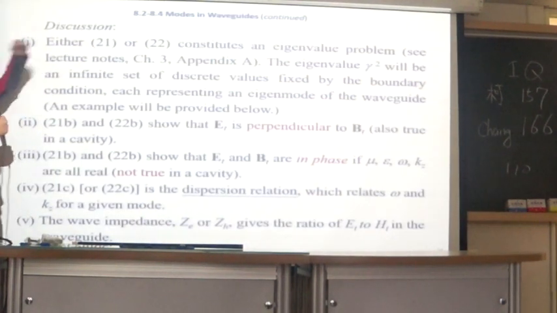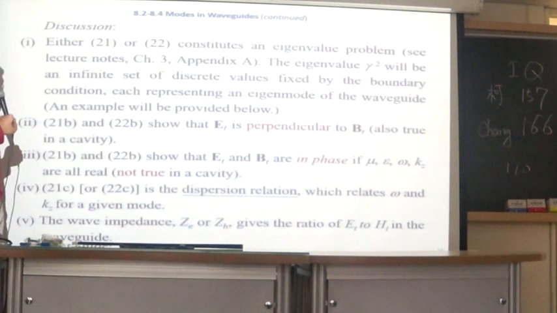Okay, so it becomes an eigenvalue problem. Either equation 21 or 22 constitutes an eigenvalue problem. The eigenvalue gamma squared will be an infinite set of discrete values.